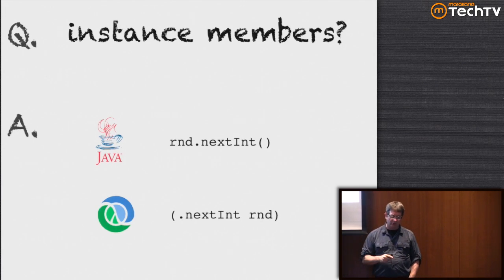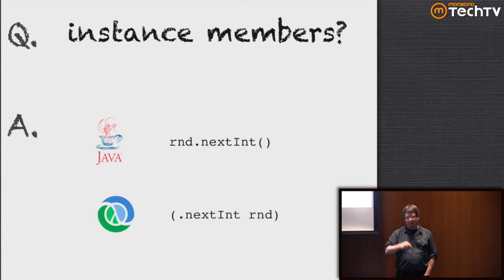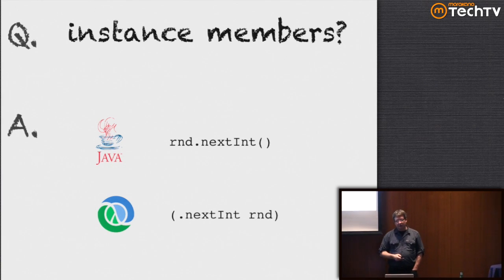In Clojure, you do class or namespace slash and whatever the constant is. You can also get to instance members. So if I want to get to random number next int, the way to do that in Clojure is dot next int for random. So notice that instead of being object function, it's function object everywhere. And then any additional parameters would go after the object that's there.